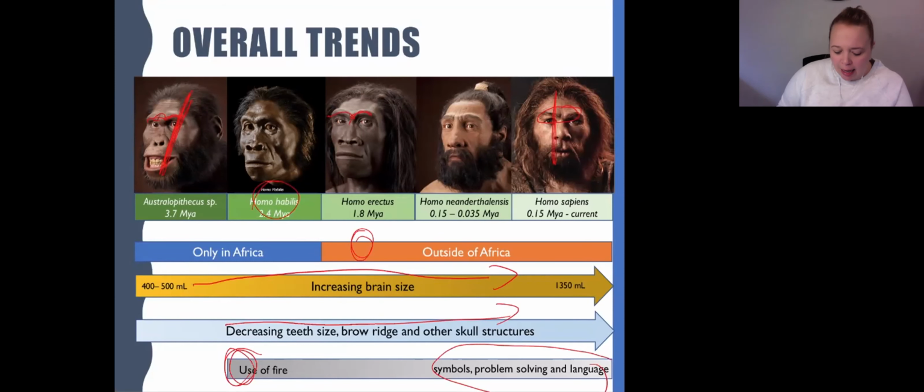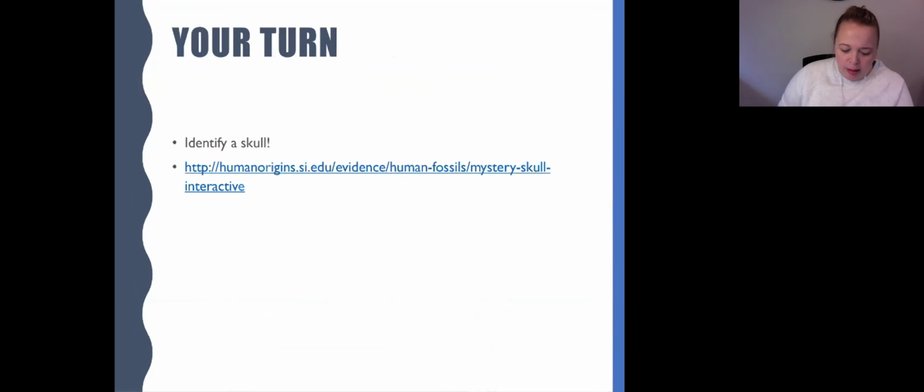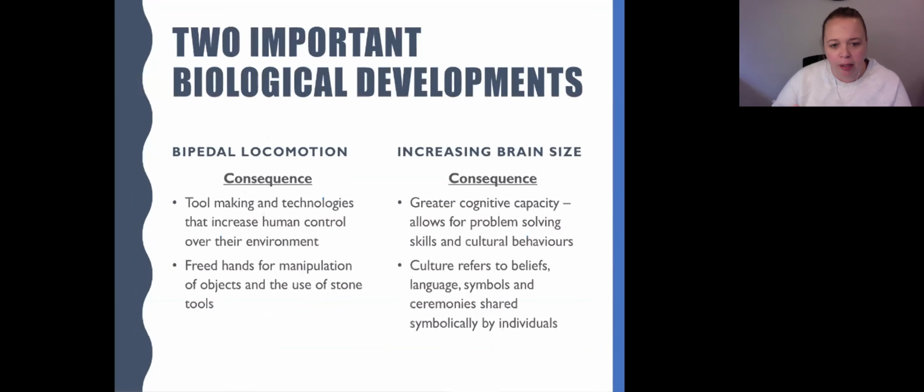But why have these happened? There's a way of identifying a skull that we're going to play with in class, but in particular, there are two very important things that humans do that make us so successful in evolutionary terms, at least as land animals. The first thing is we can walk on two feet.